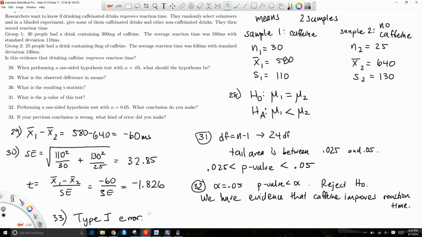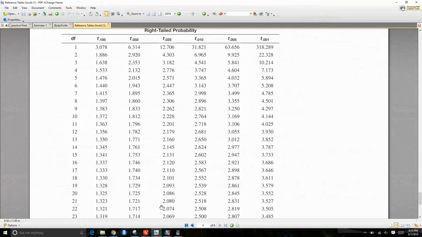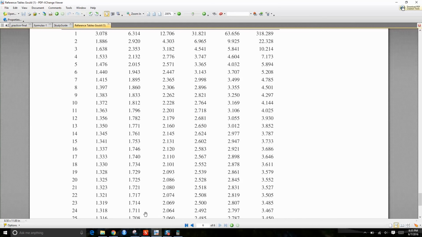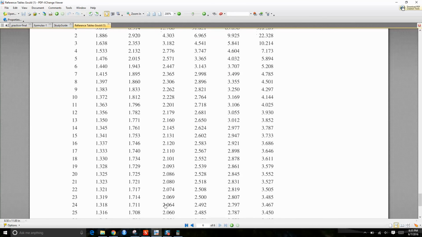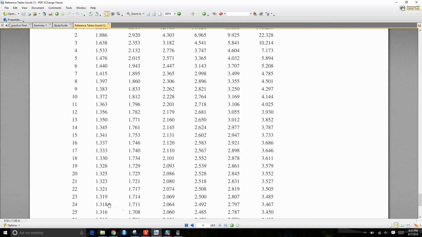Yeah, 1.826 is not on the chart, but it's in between. If you look at 24 degrees, we're looking at this row for 24 degrees of freedom, right? If you had to place 1.826 in this row so that it fits the order, you would put it after 1.711, because 1.826 is bigger than 1.711, but it's smaller than 2.064.